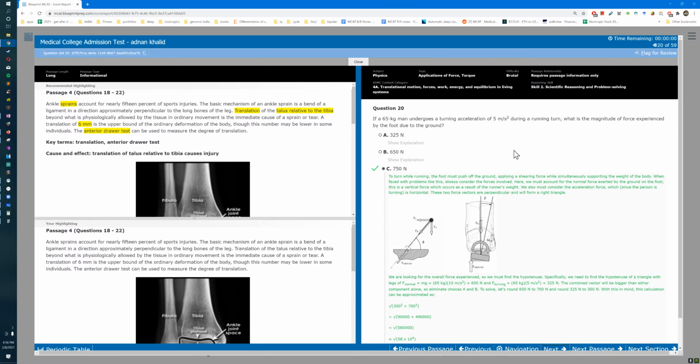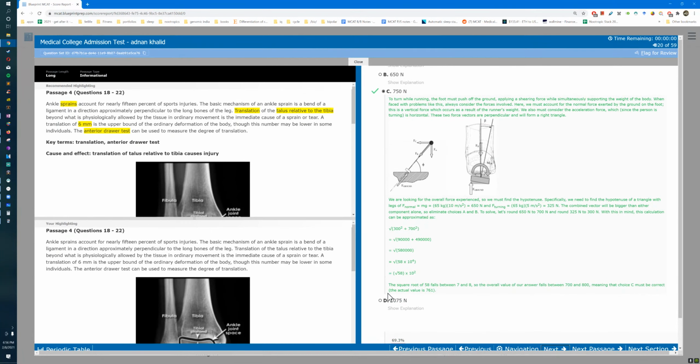Oh yeah, this one, you asked me how I knew it was 750. So I knew that it was going to be basically a resultant between the weight. So I guess I could show you here. The weight of the person is 650 and the turning is going to be 90 degrees from that. So that's going to be 650 divided by 2, which is 325. And then the resultant of that.